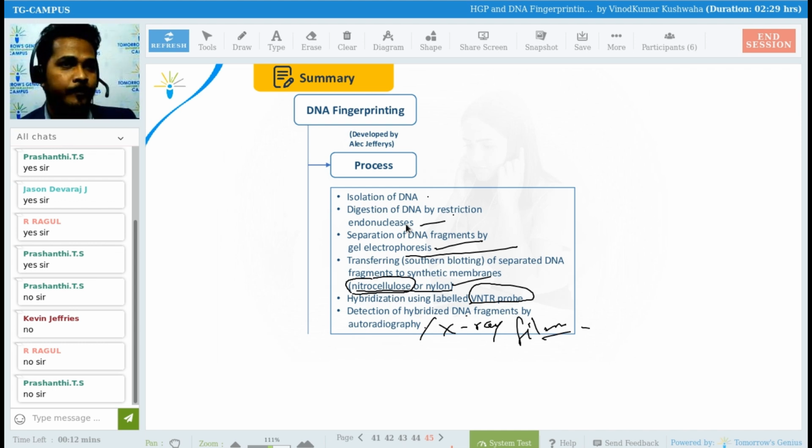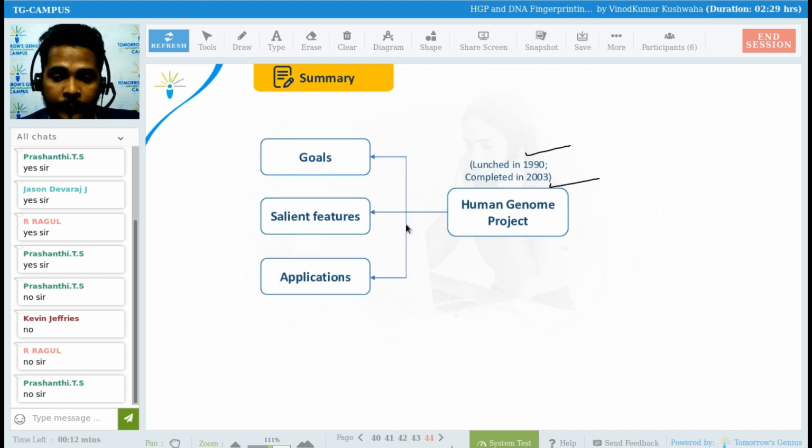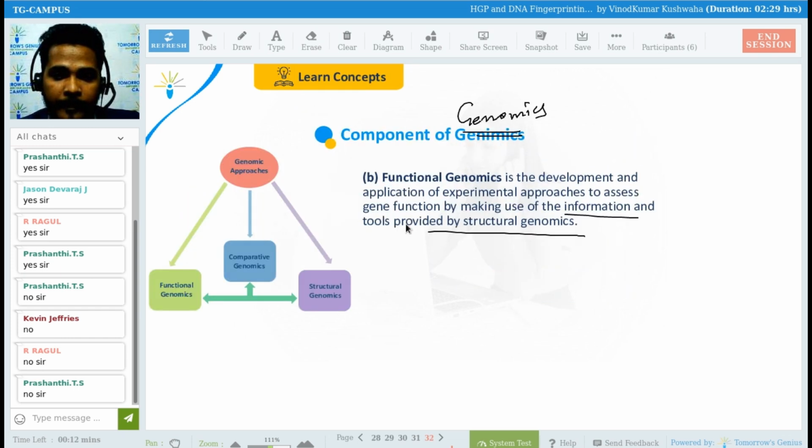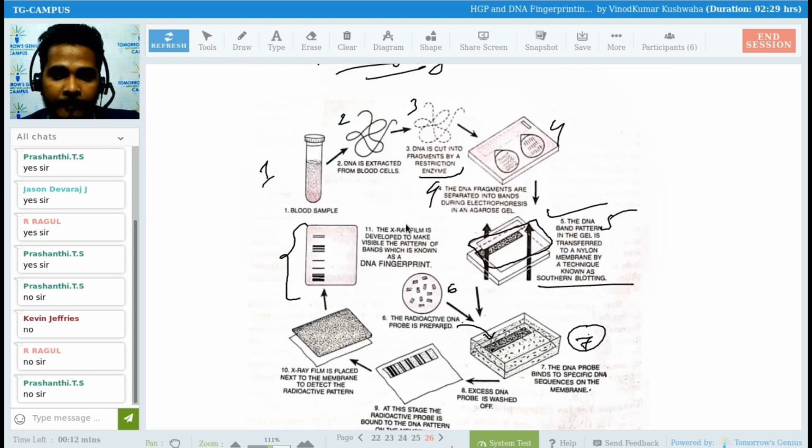See here. Probes used in DNA fingerprinting are initially... So what is a probe? It is a single stranded RNA, or it can be DNA, because it is a probe. I have already listed this here, on sequence number 6.